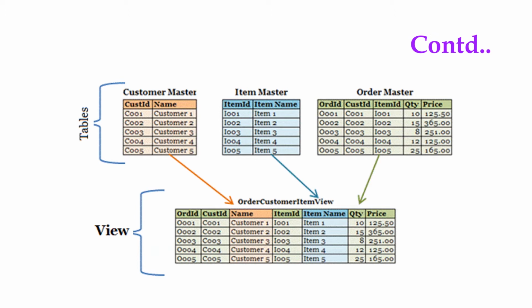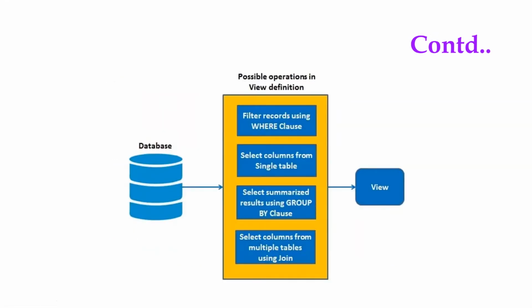Now let us see how to create views in SQL and how to manipulate information in a view. Now there are different possible operations in a view definition. So this is a database. From the database, what all operations am I going to do in order to generate my view? I can filter the records using the where clause.